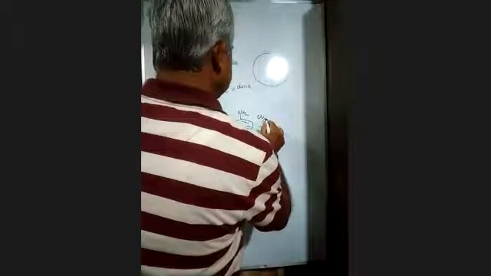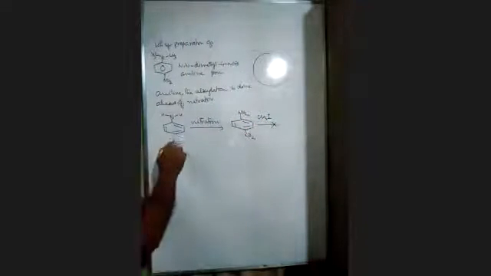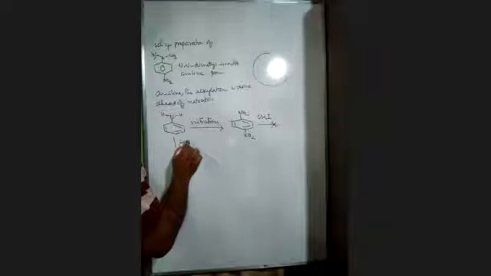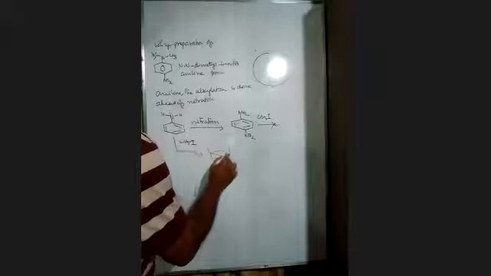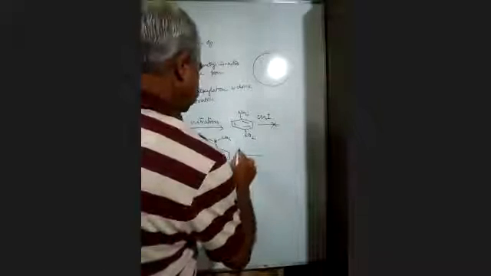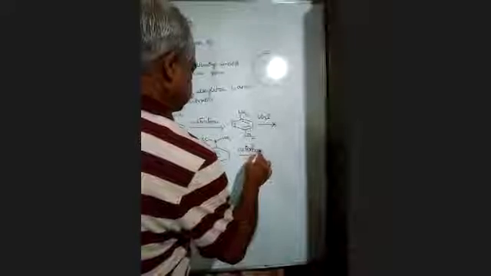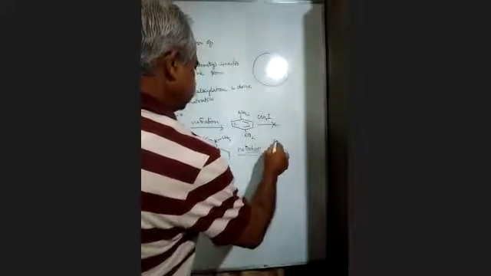After that, if I want to do this, this will not occur. What should we have to do? First we could do here methylation, then if you do nitration here, then only you will get the compound. Please remember.